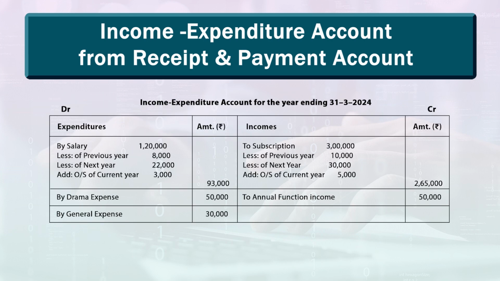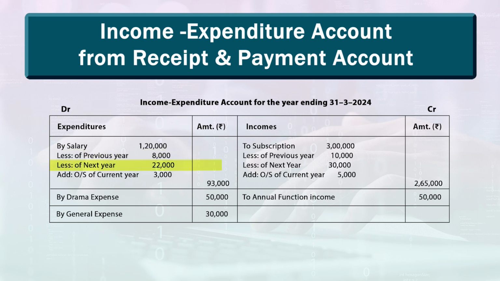The accounting treatments would be: income expenditure account for the year ending 31/3/2024 is prepared. On the expenditure side, that is the debit side, we can see the salary is rupees 1,20,000. From it, we deduct the previous year's salary of rupees 8,000.